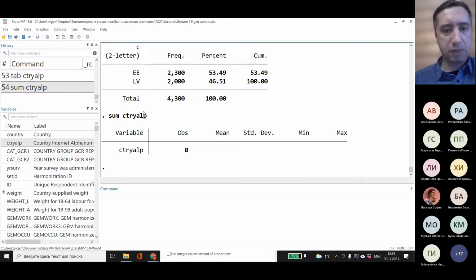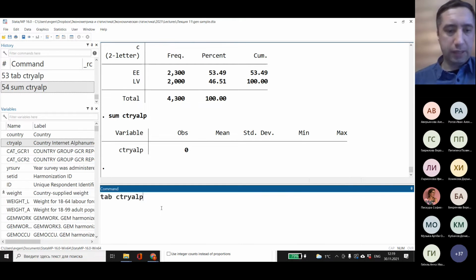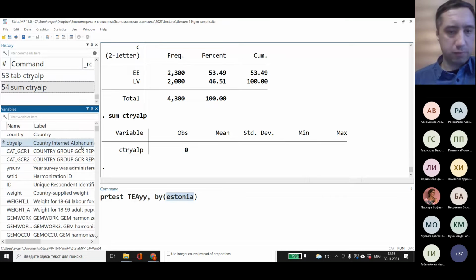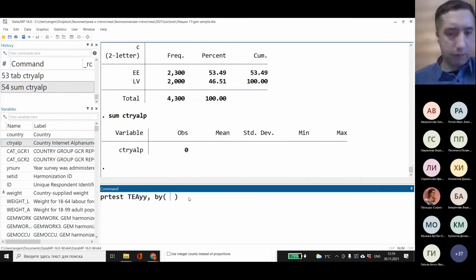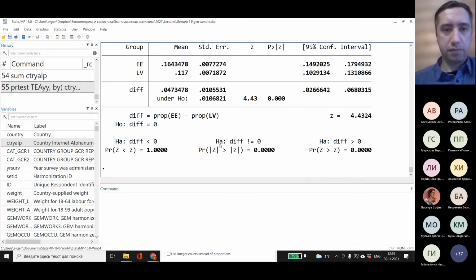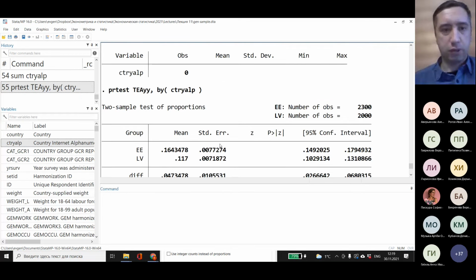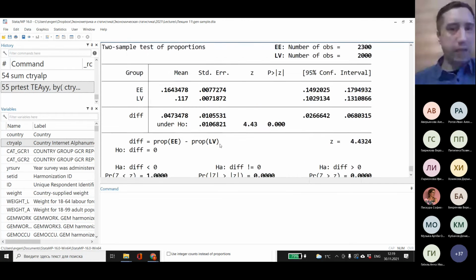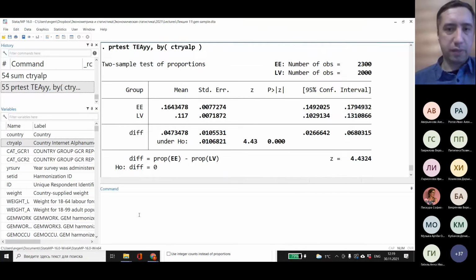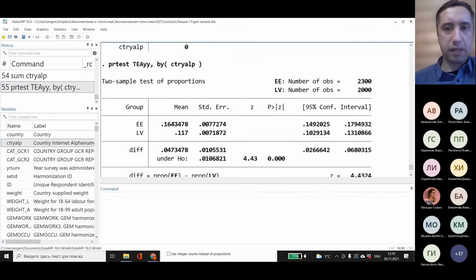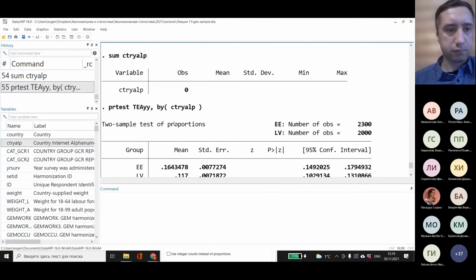You can use the tab command, but it doesn't work, at least in old versions of Stata. It didn't work. No, it works, in this version. Anyway, I don't recommend you to work with string variables. It's a very unsafe strategy.